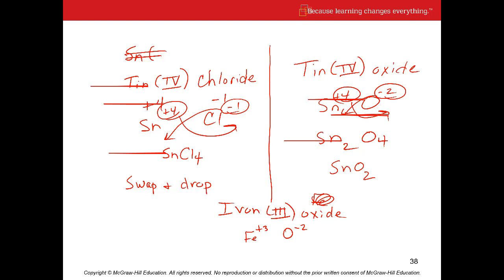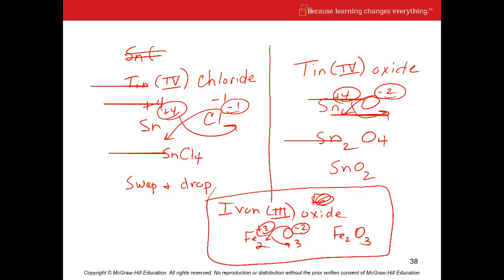I'd have to multiply this one by that one and all that good stuff, or I swap and drop. The 2 goes here, and the 3 goes there. So it's Fe2O3. Done. That's why I like this one, because it's a lot easier and simpler if you get into any that are complicated.